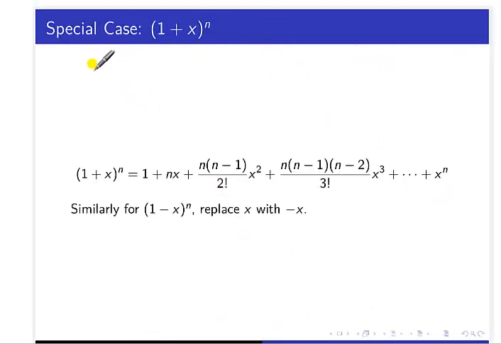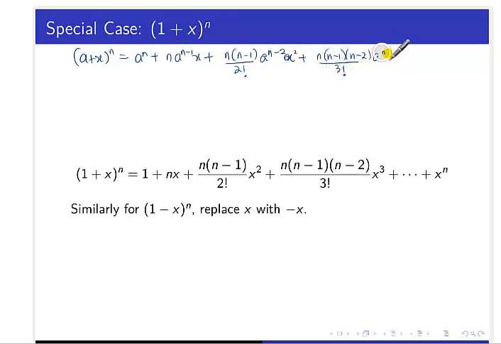So the special case, that is in the expansion we had earlier on, we said x plus e to the power n is equal to e to the power n plus n e to the power n minus 1 x plus n minus 1 all on 2 factorial with the expression e to the power n minus 2 x to the power 2 plus n minus 1, n minus 2, all on 3 factorial with e to the power n minus 3 x to the power 3 up to the last term, which is x to the power n.